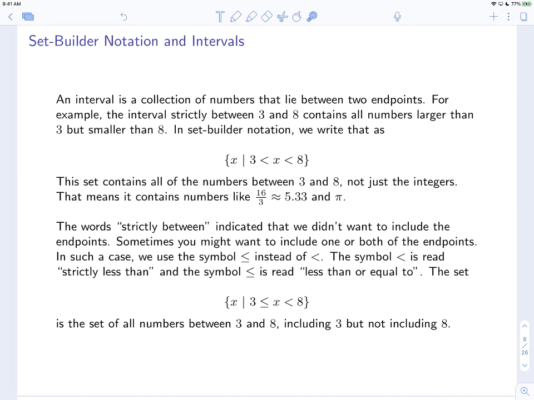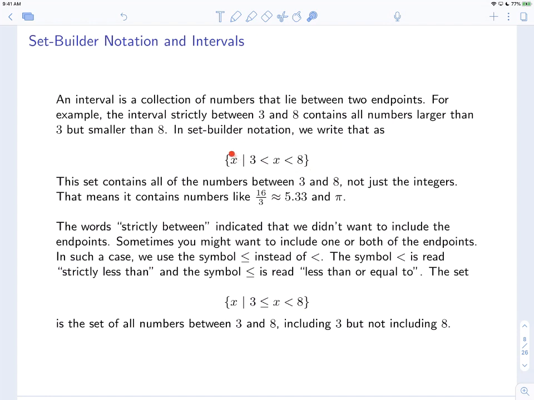Commonly, we'll be using set builder notation to describe intervals, although there is another notation for that. An interval is a collection of numbers that lie between two endpoints. For example, the interval strictly between 3 and 8 contains all numbers larger than 3 but smaller than 8. In set builder notation, we write it in this way.